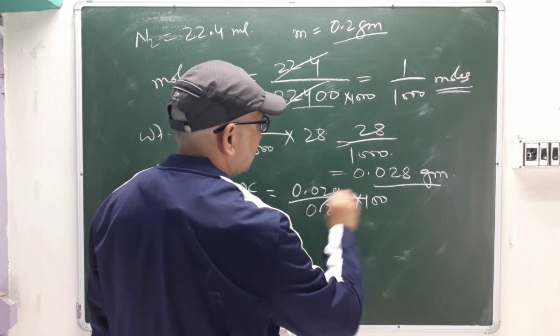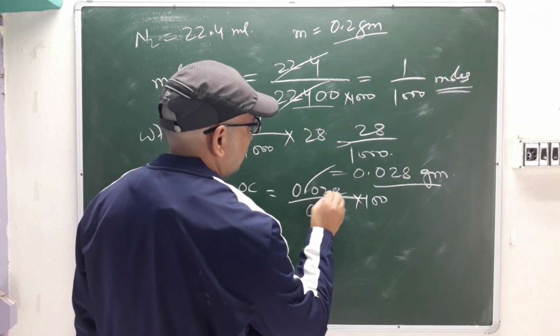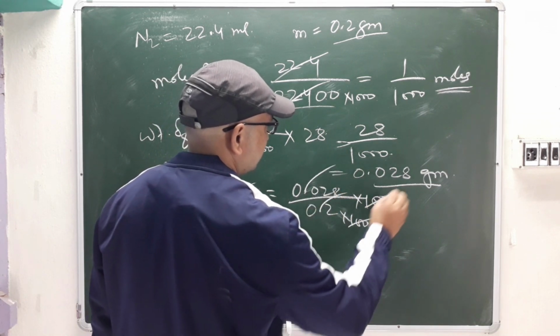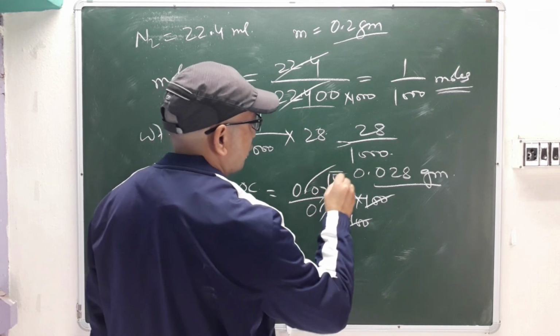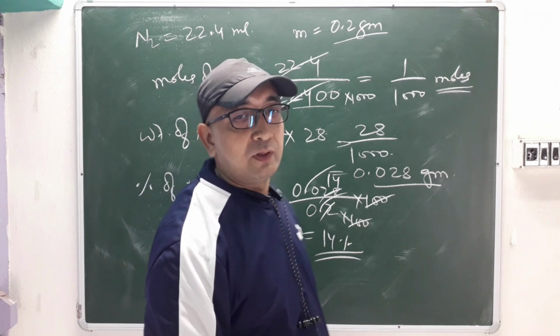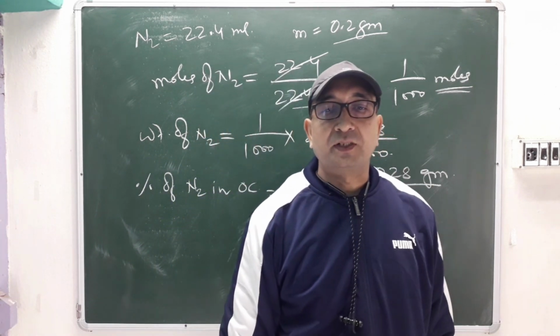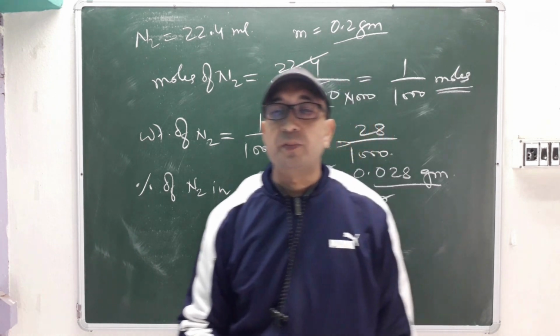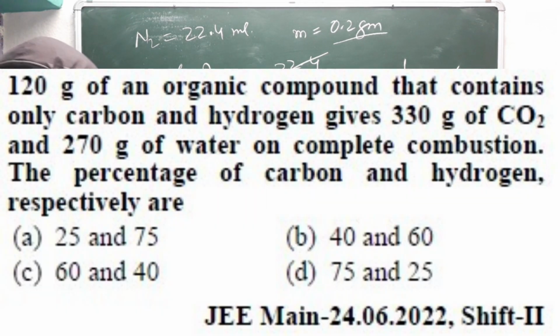So how much is it coming? This will go, so 1, 2 and this 3. So here 100 will be there down. This 100 will cancel out. 2, 14. So it will be 14%, right? So your correct answer will be 14%. So it's just a NET type of question. So you have to write 14%. Let's see the next question.